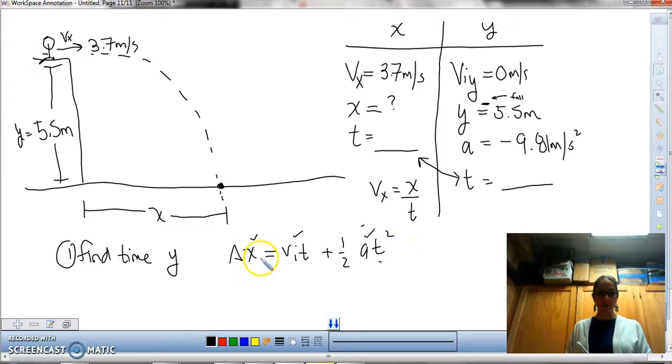Now I use delta x here to represent displacement, but you can put y in here. I'm totally fine with that. But notice I am putting a vertical measure here, so I must be careful. I must use the negative 5.5 as my displacement, and the initial y velocity is 0.